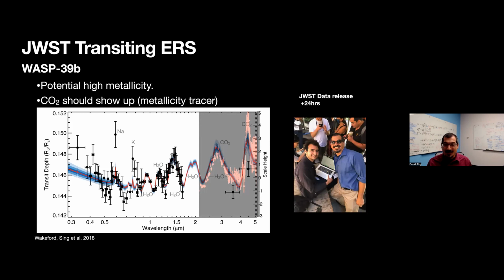This was a great moment. I'll never forget being able to see a new molecule, such an important molecule, carbon dioxide, just popping right out. You can see in the photo, here are the grad students, and there's CO2, there's a new molecule. We really can do chemistry with these exoplanets.